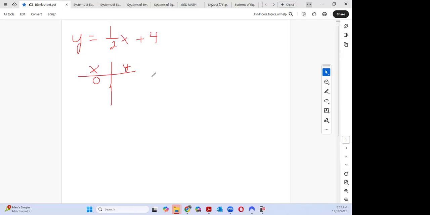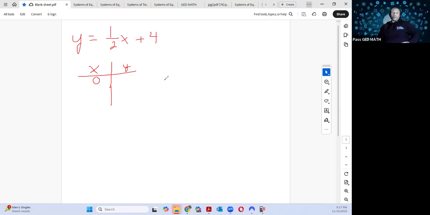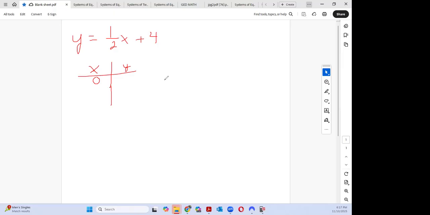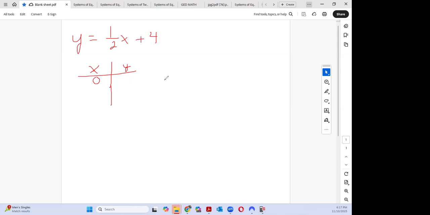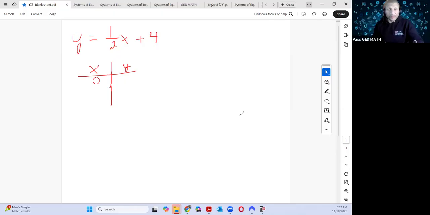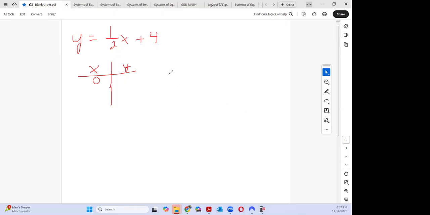Because you're just going over to the y-axis. No. Listen to what I said. y equal 1/2 x plus 4. When x is equal to 0, what is y? Four. Who said 4? Me. Yes. What you're doing is substituting what x is.